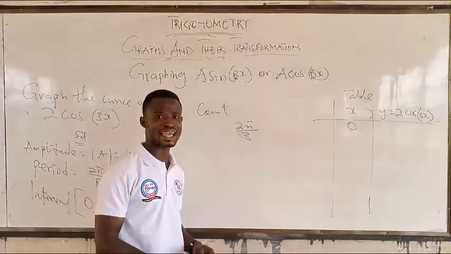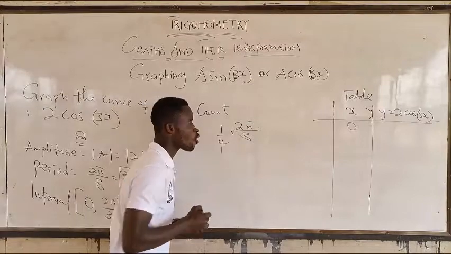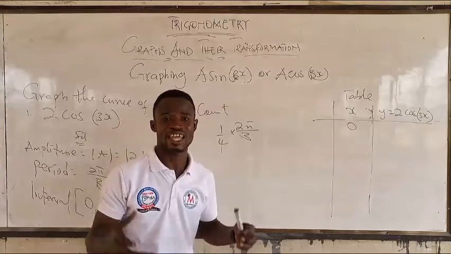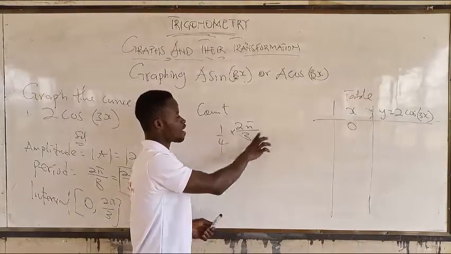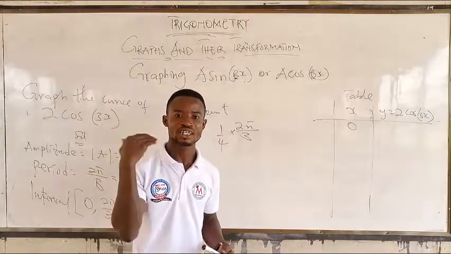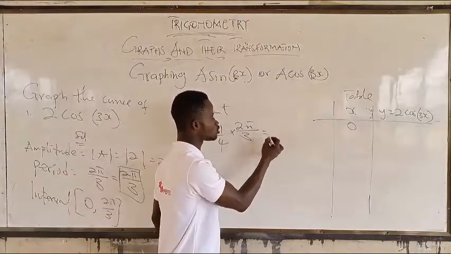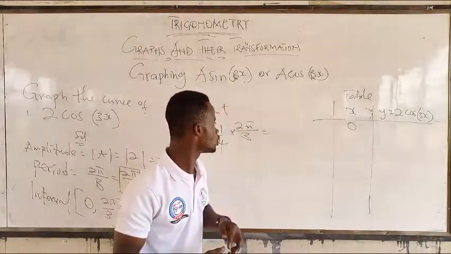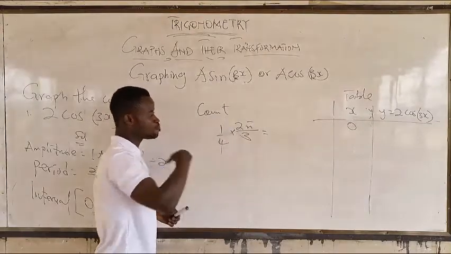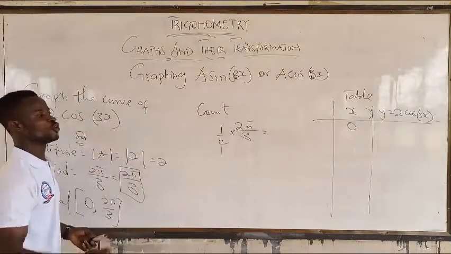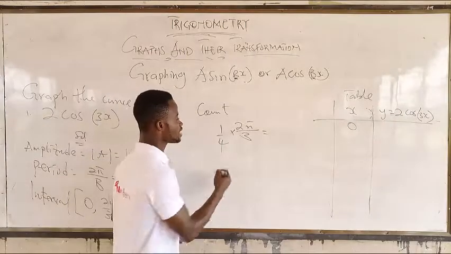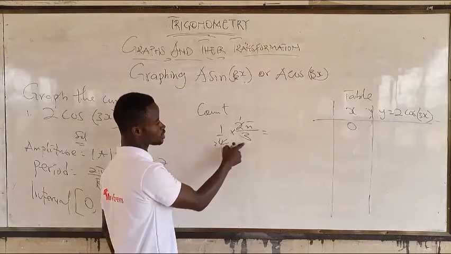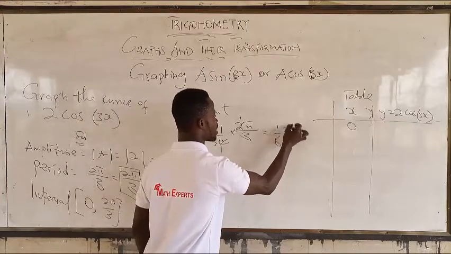Then we have to multiply it by 1 over 4, or in the same way, divide it by 4, to get the 4 divisions. Don't forget, I said we start with 0. So you multiply 1 over 4 by the period, which is 2 pi over 3. This goes here 1, this goes here 2. So 2, 3, 6. So we get 1 over 6 pi.